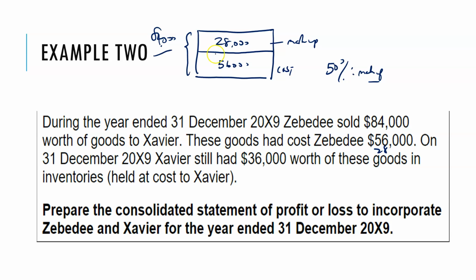So now that I know what the markup is, I can always work out what the PUP, the situation is for anything. It says here that Xavier still had 36,000 worth of these goods in inventories, held at cost to Xavier. So this is pretty much the selling price. This is the value of the goods marked up, 36,000.